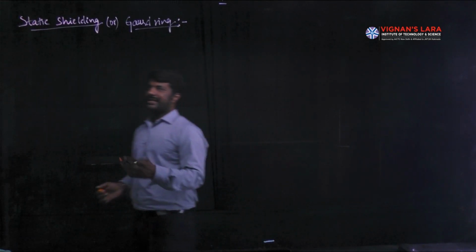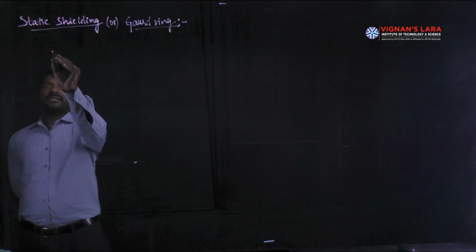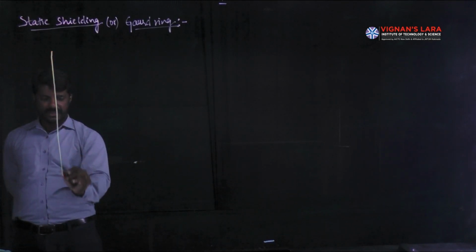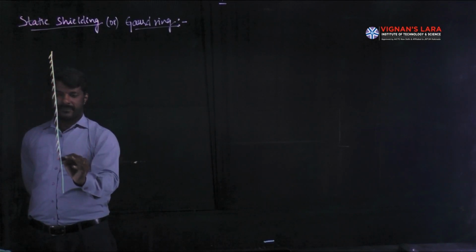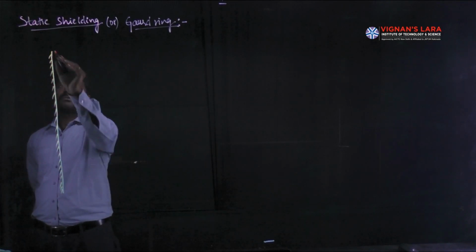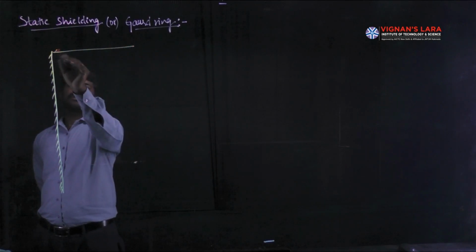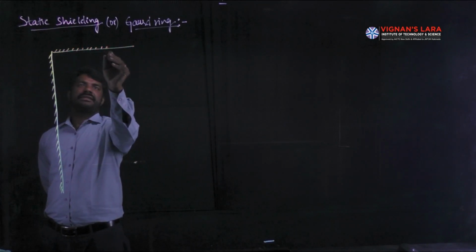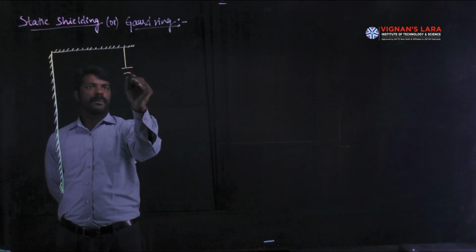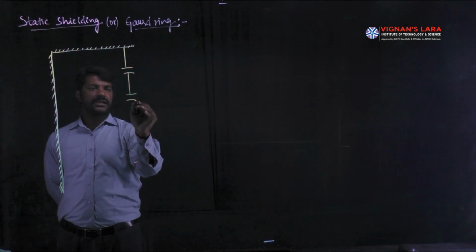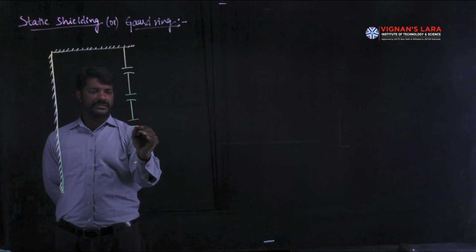So in general the diagram will look like this, with our general notation. This is the earth tower with zero potential, and this is the cross arm which is again earthed, and these are the insulator units.